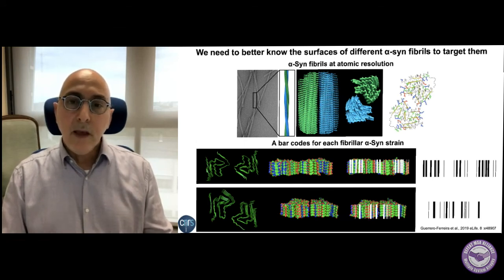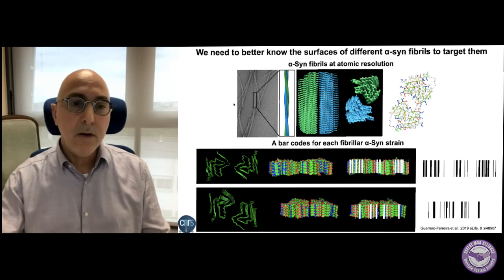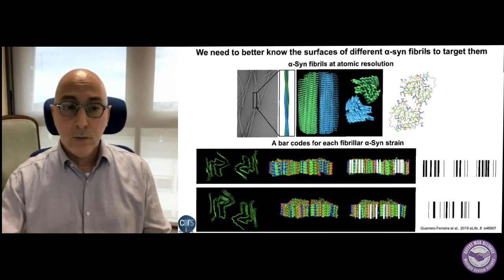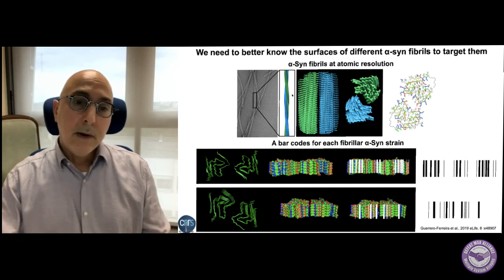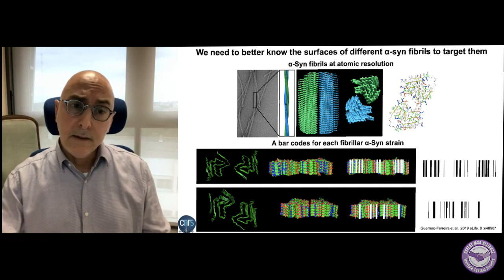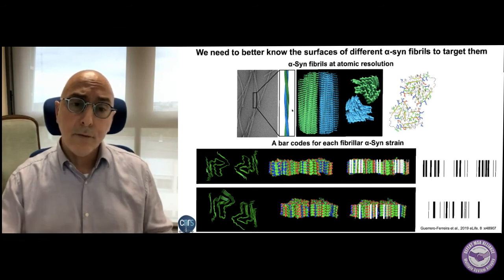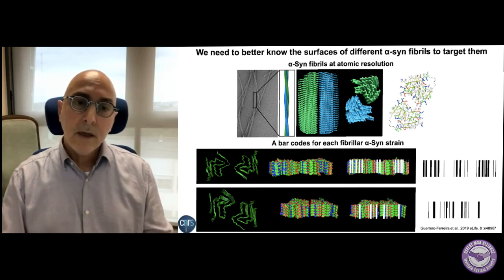So to reach this aim, we have been determining the structure of the fibrils we produce by cryo-electron microscopy. So you see here fibrils whose structure we solved. You can see from this work that we carried out with Henning Stahlberg in Basel that the fibrils are made of two protofilaments twisting around each other.